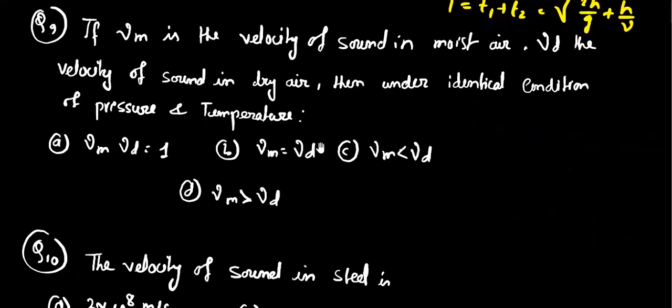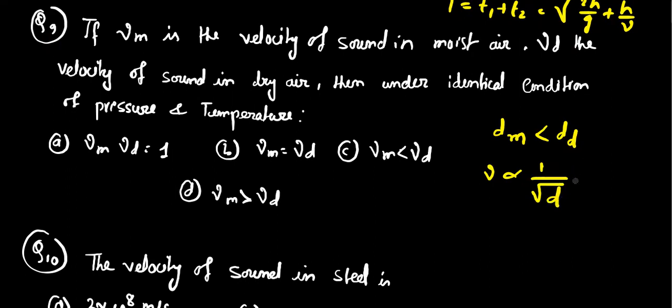Now this is our question number 9. If Vm is the velocity of sound in a moist air and Vd is the velocity of sound in dry air, then under identical condition of pressure and temperature, which is correct? So as we know that density of moist air is less than density of dry air, and also we know that velocity is inversely proportional with the density.